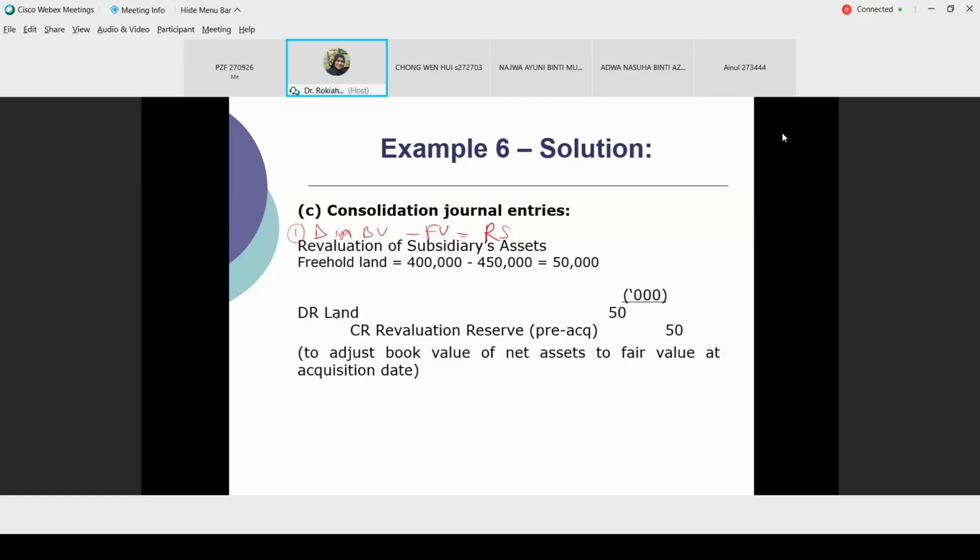So you debit the land and credit the revaluation reserve or revaluation surplus. Remember that revaluation reserve or surplus is part of the equity items. So debit land, credit the revaluation surplus. This one is to adjust the book value of the net assets to fair value at the acquisition date. Okay, that is the first journal entry.